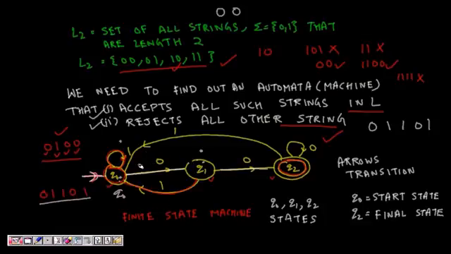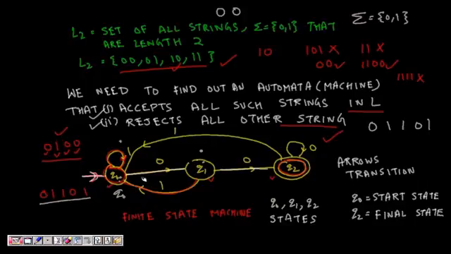Now we will try to formally define this automaton. It consists of states: first, it has some states Q0, Q1, Q2. Then we have some transitions. At each state we have the input symbol. We have the alphabet, which was 0 1.